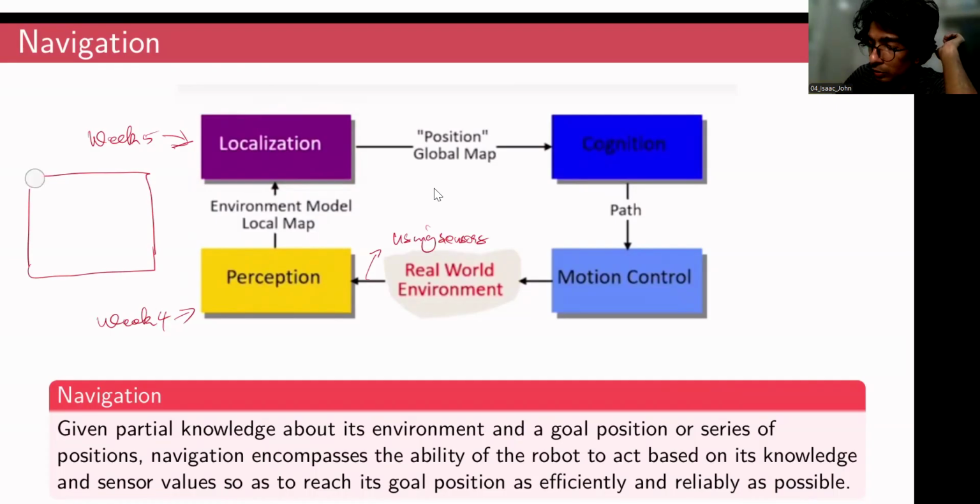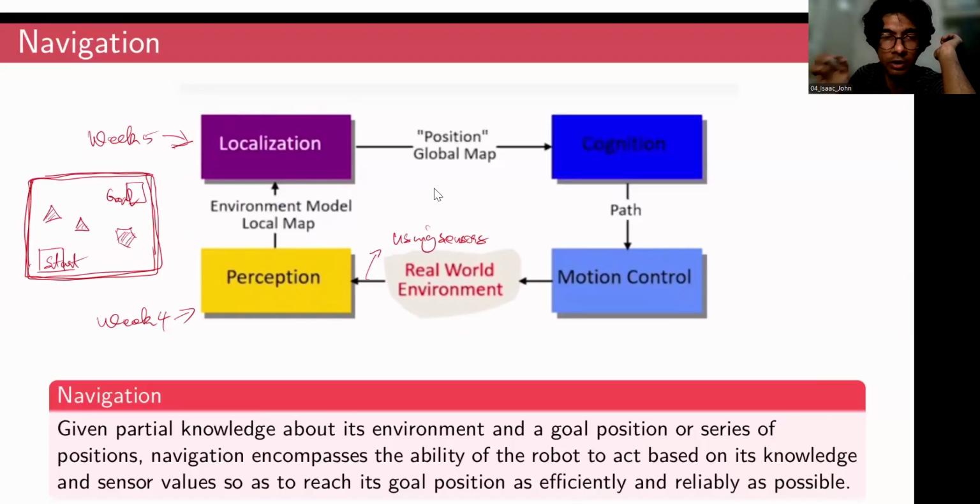Either way, you can assume that by localization, it already has a map, it knows its start position, and it also knows its goal position, right? And within this map, there will be a lot of obstacles, or objects, that it has to avoid while navigating through that environment.